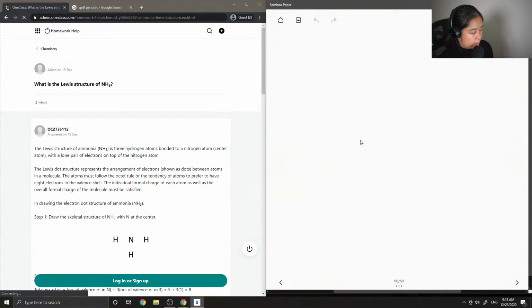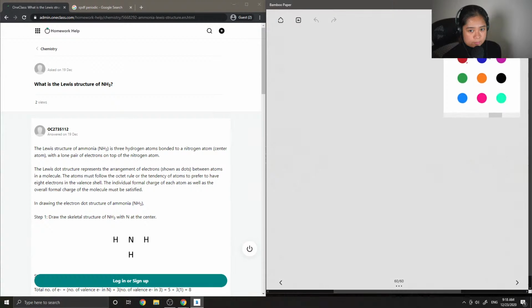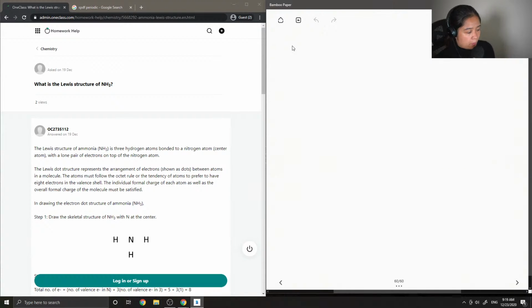Okay, so on to question number 11. What is the Lewis structure of NH3? When I find the Lewis structure of a compound, I first like to find the total number of valence electrons.